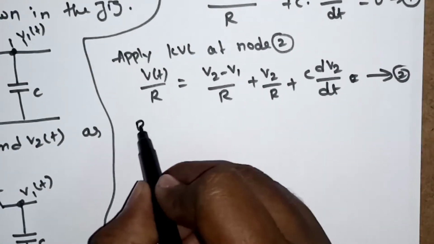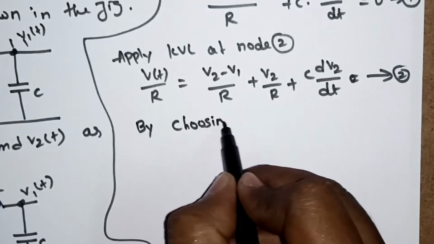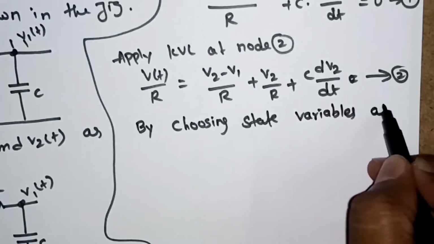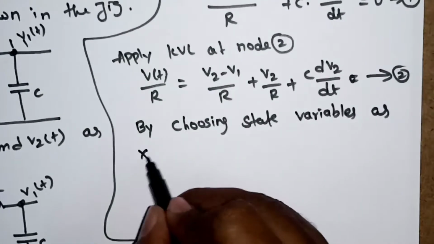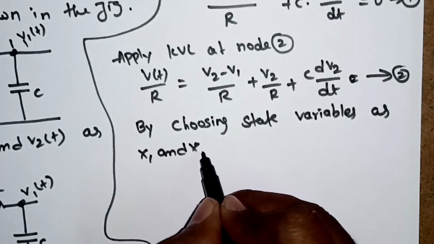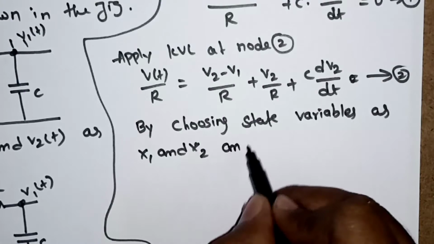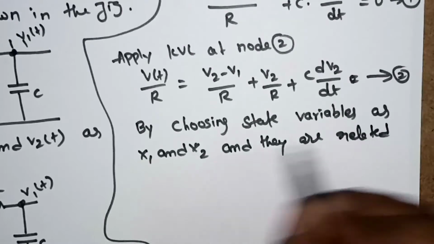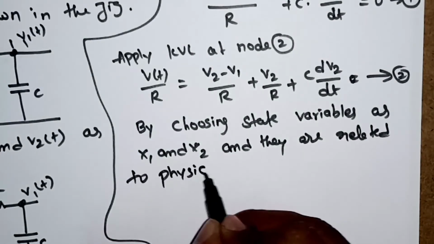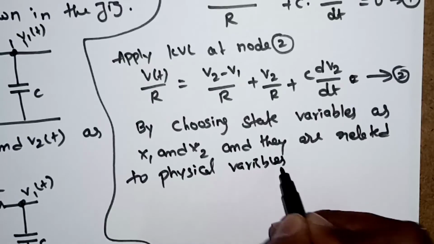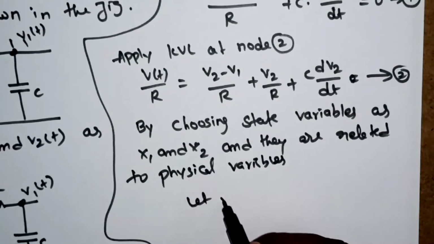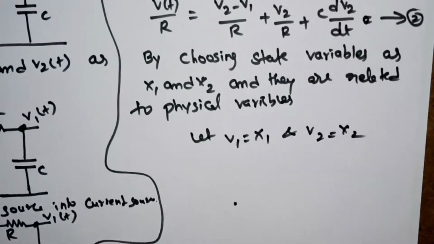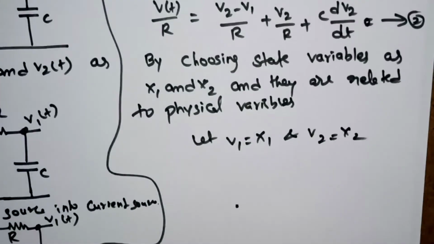So by choosing state variables as x1 and x2, related to physical variables as shown below, let v1 is equals to x1 and v2 is equals to x2. Why? Because we are going to convert it into a state model. That's why we can write like this.